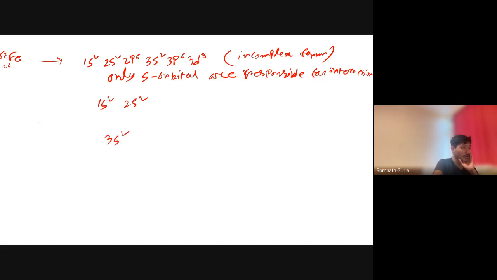So when the electronic configuration changes, let's suppose we have iron 3, iron 2, iron 1, or iron 0, my electronic configuration changes only at the d orbital.